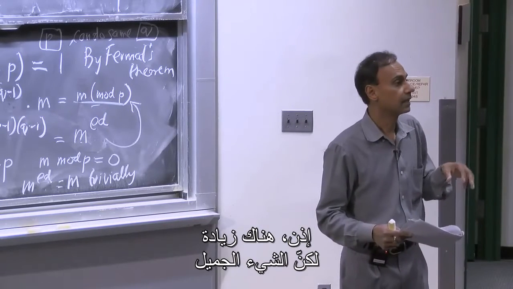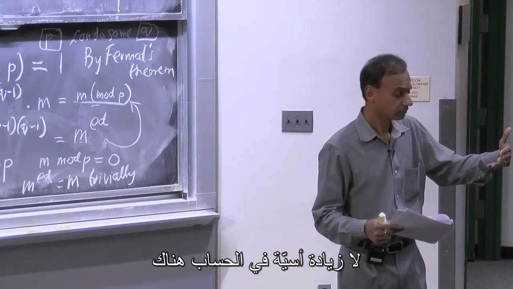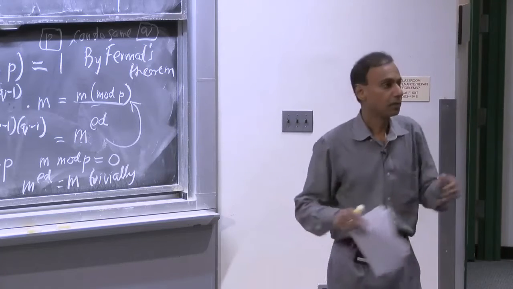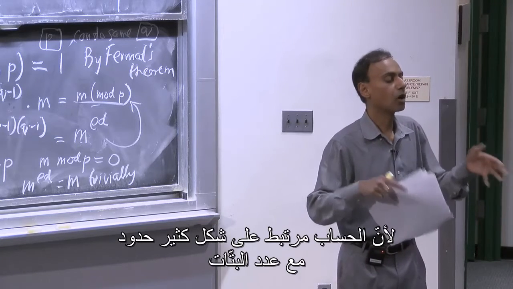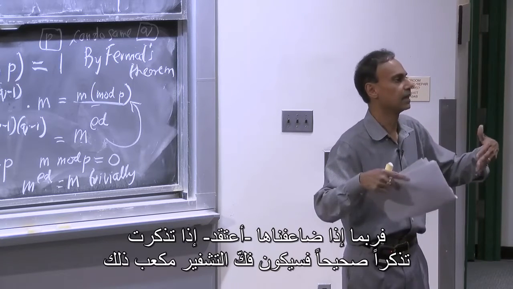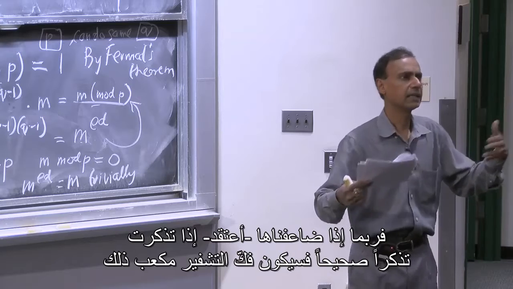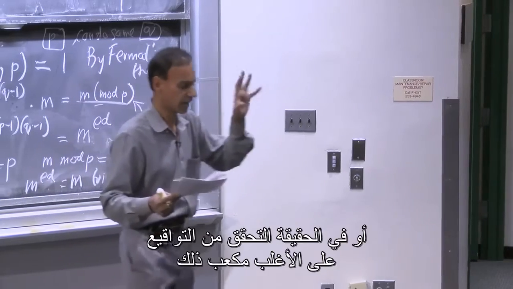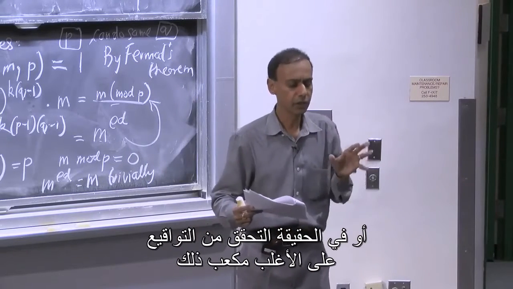But the nice thing is that it's not like there's an exponential increase in the computation, because the computation is polynomially related to the number of bits. Okay, so maybe if you double it, I think if I recall correctly, decryption is going to be the cube of that, or actually verifying signatures is probably the cube of that.